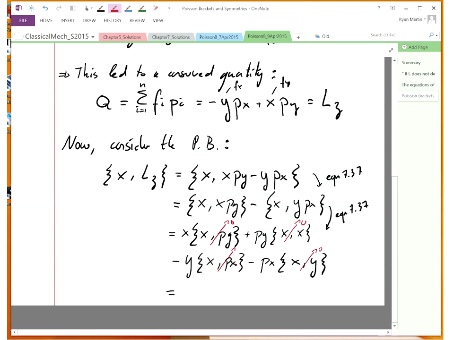So it's equal to 1 if it's a coordinate with its conjugate momentum, and 0 if it's the coordinate with not its conjugate momentum. In this case, it's x and px, and so that's equal to 1. So finally, this thing is equal to y, minus y. Sorry.